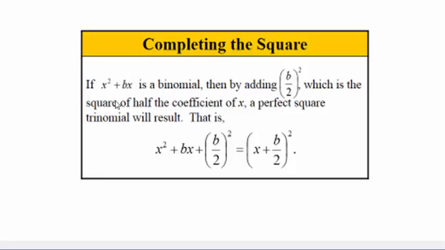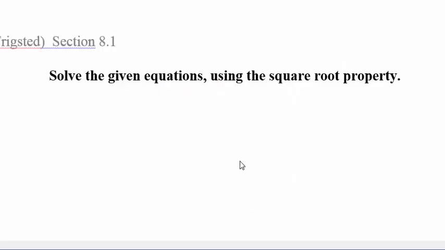If I have an expression on one side of my equals that can be written as x squared plus bx, then if I add on the constant, the square of b over 2, that expression becomes a perfect square trinomial. x squared plus bx plus the square of b over 2 is the square of the binomial sum x plus b over 2. These are the two ideas we're going to use to solve this set of equations.